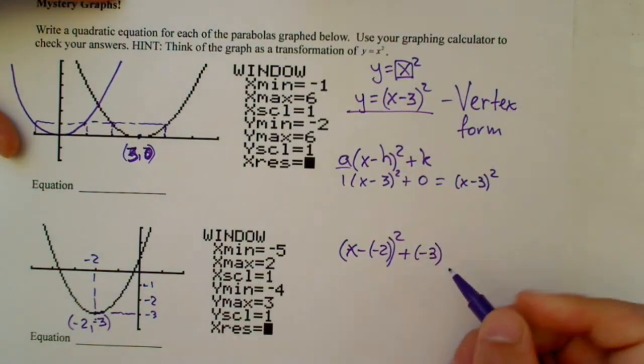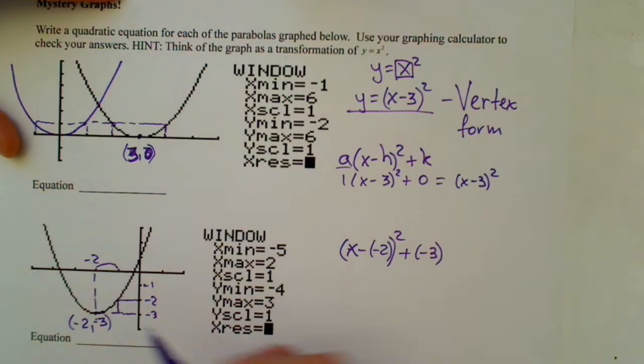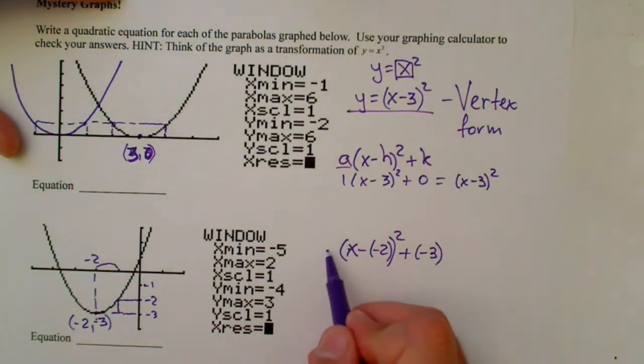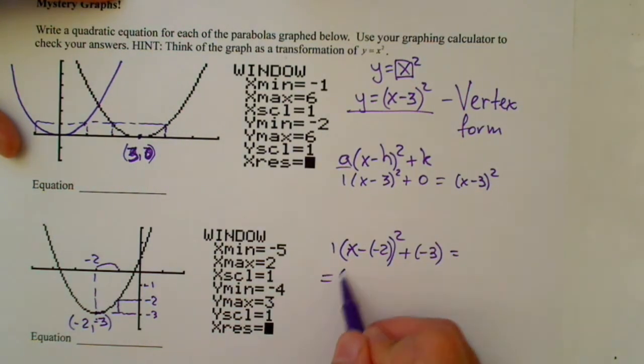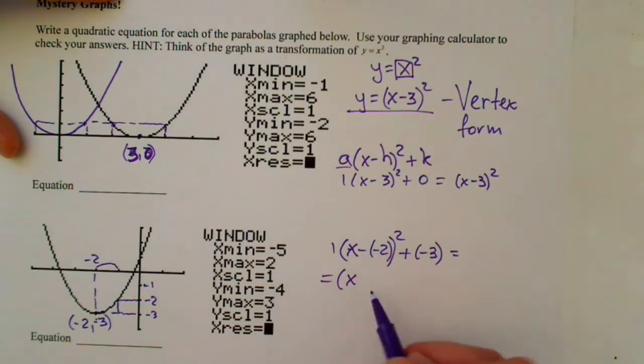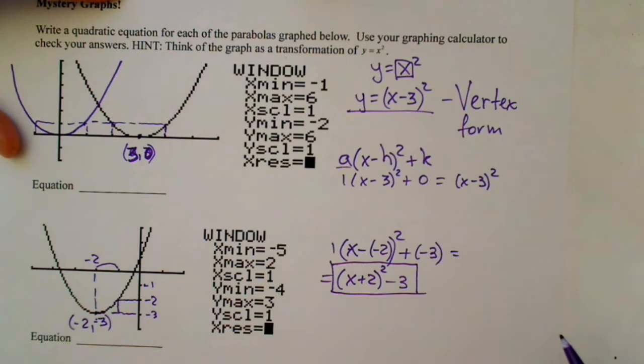Now let's check the stretch. If we plug in 1 unit from the vertex, for the basic, not stretched, it should go up by 1 unit, and it does, so a equals 1. Now let's simplify. We have x minus (-2), which is x plus 2, squared, plus (-3) is minus 3, and this is the vertex form of our quadratic equation.